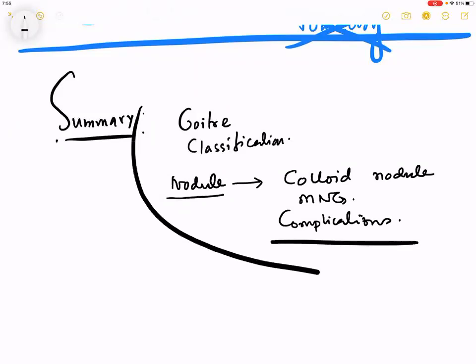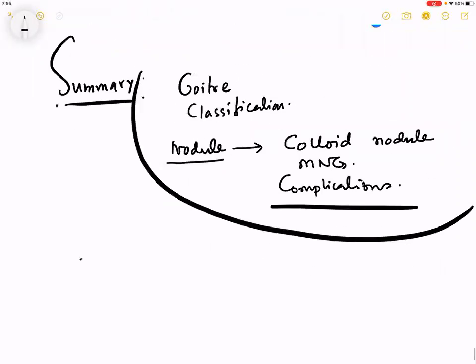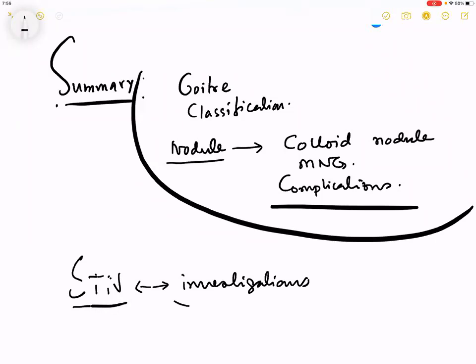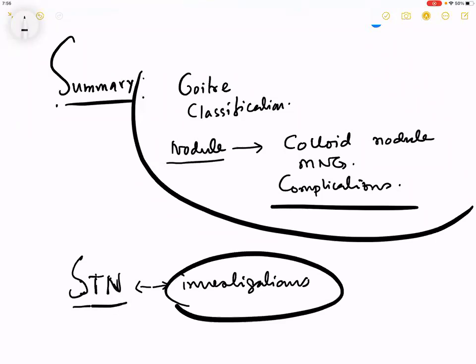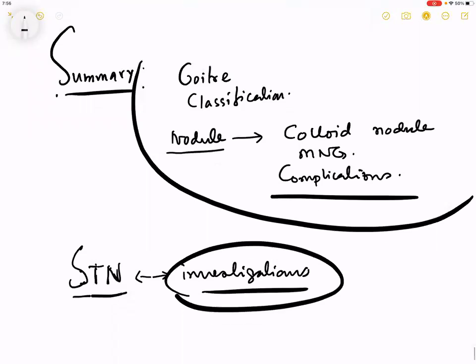This was a very important class because all your next future foundations, particularly the next class when you talk about a solitary thyroid nodule, we are going to talk about investigations and treatment. This is going to be the background you need to understand before you talk about an STN in investigations.